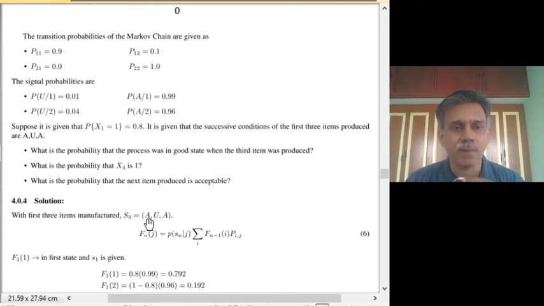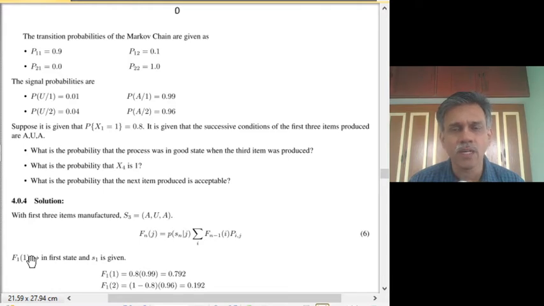That hasn't happened. So this is known and we have to use it. Although it is not written here, we could have written F1(1, A), state 1 acceptable, but that is not required because it is acceptable as given by this string. So there is no need for writing it explicitly.